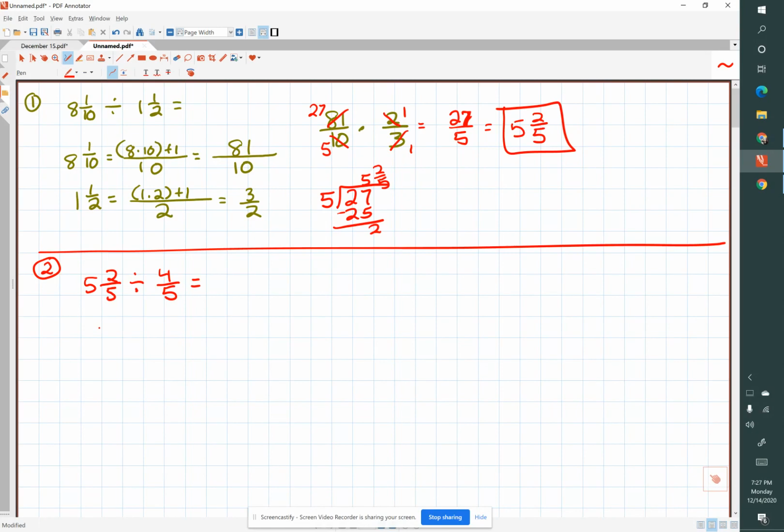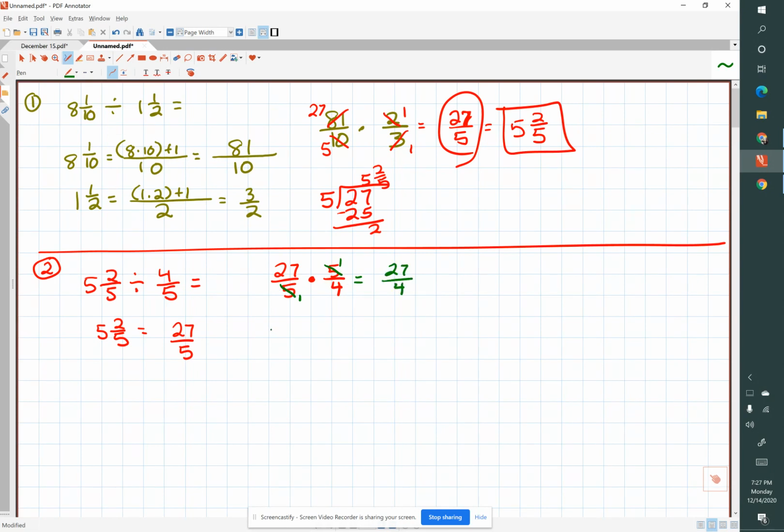Now this 5 2/5, we already know from the first problem, is 27/5. And so we will do our keep change flip, change the division to multiplication, multiply by the reciprocal. 27 and 4 we cannot simplify, but 5 and 5 become 1, which gives us 27 over 4.